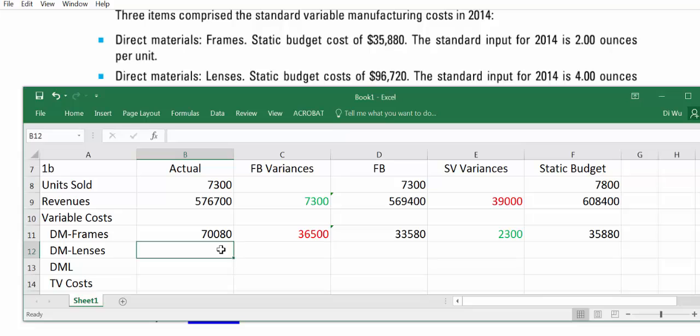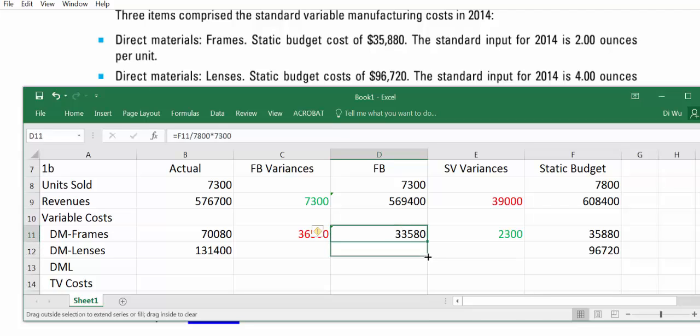Once again I will assume that you copy down the numbers, and this one, 96,720, is given. Similarly, you can compute the number here. I'm just going to drag down here. Divide the 96,720 by 7,800, then multiply by 7,300.